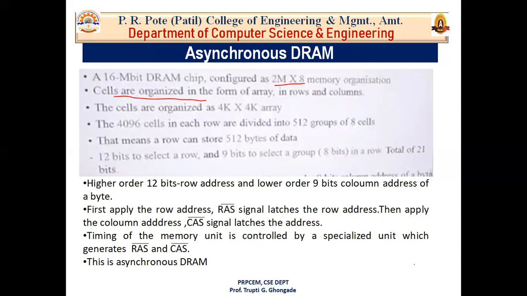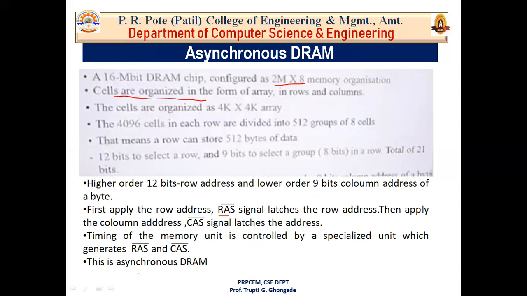A total of 21 bits are required. The higher order 12 bits are for the row address and the lower order 9 bits for the column address of a byte. First apply the row address with the row address strobe signal, and then apply the column address with the column address strobe signal.